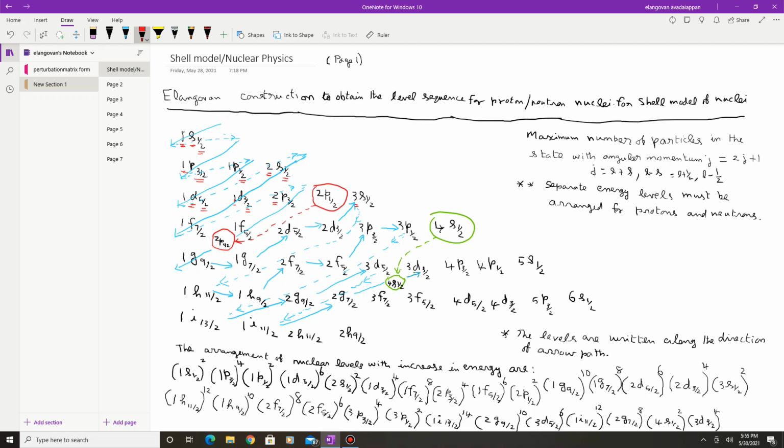So here 1F 7 by 2, 1F 5 by 2, 2D 5 by 2, and 2D 3 by 2. For the P state, since it is appearing the third time, already the P state appeared once and then a second time, this is the third time. So you put 3P 3 by 2, 3P half, and 4S half.